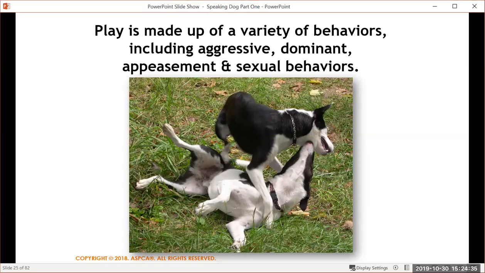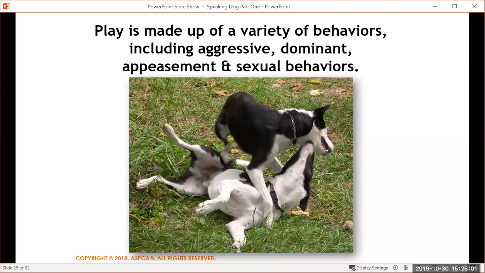And so play is really hard to define. It's usually easy to recognize, but not always, and especially if the play is tense at all. You can see a mixture of behaviors that can be unclear, where you're just not entirely sure if one or both dogs are playing or what's going on.